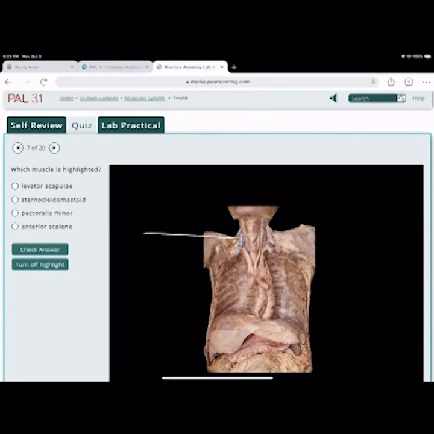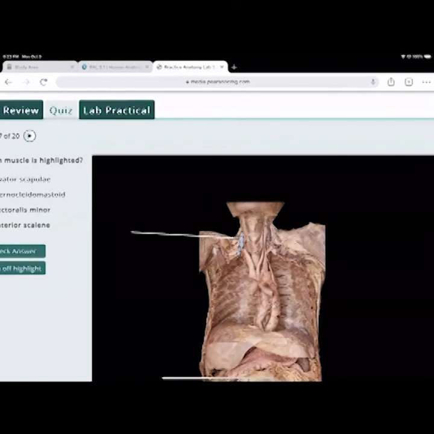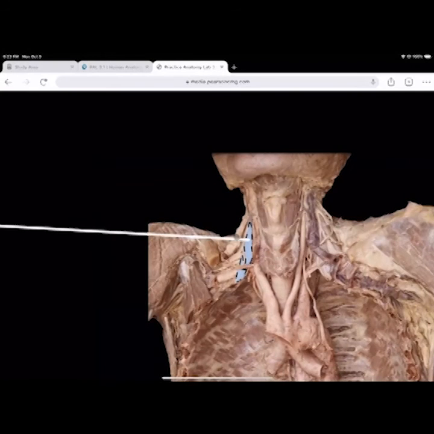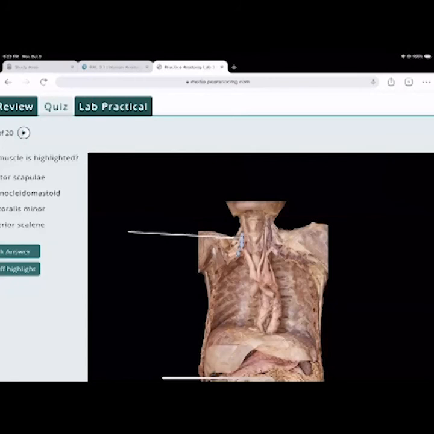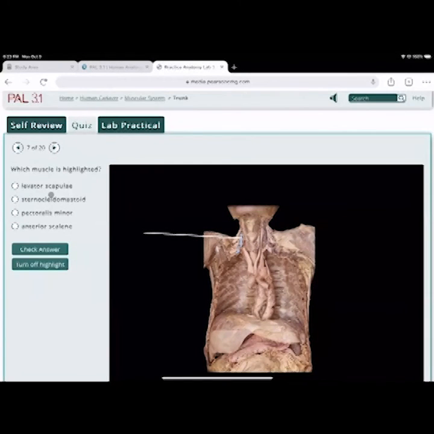Could be an anterior scalene too. It's really hard to tell because so much has gone away from there. It could be the anterior scalene. It could be the sternocleidomastoid. I would say one of those. So we'll try the sternocleidomastoid. No, anterior scalene. We had a 50-50 chance and we blew it. Like I said, it's a lot harder to tell when a lot has been dissected away. It really is.